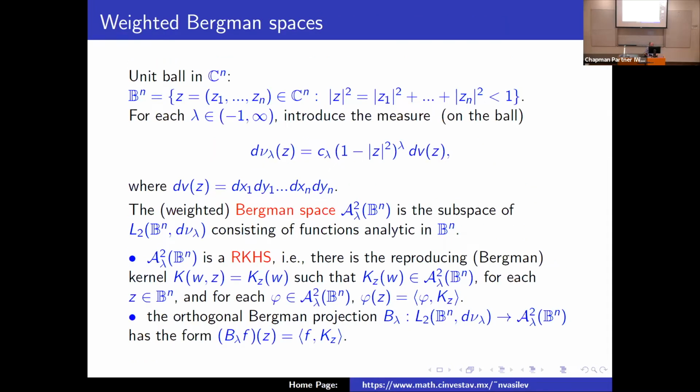We will be doing everything on the Bergman space on the unit ball. First, we have the unit ball in C^n with the obvious formula. And then for each weight parameter lambda from -1 to infinity, we introduce a family of probability measures. This constant alpha is taken so that the volume of the unit ball is 1.